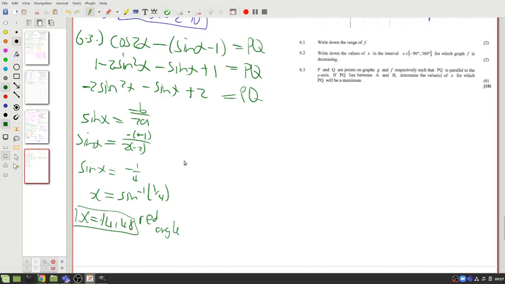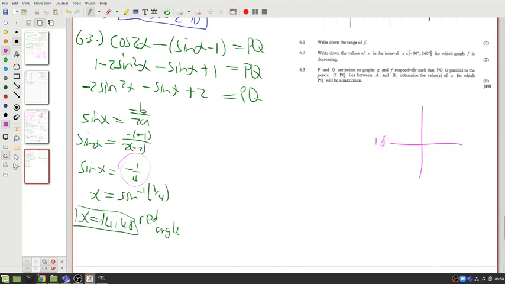So I'm just going to continue writing next to it here. Let's change color a little bit, I think it's becoming a little bit too much, all that green. So let's go. We've got a reference angle of 14.48, but we know sine was negative. So now we have to look at which quadrants sine is negative in.